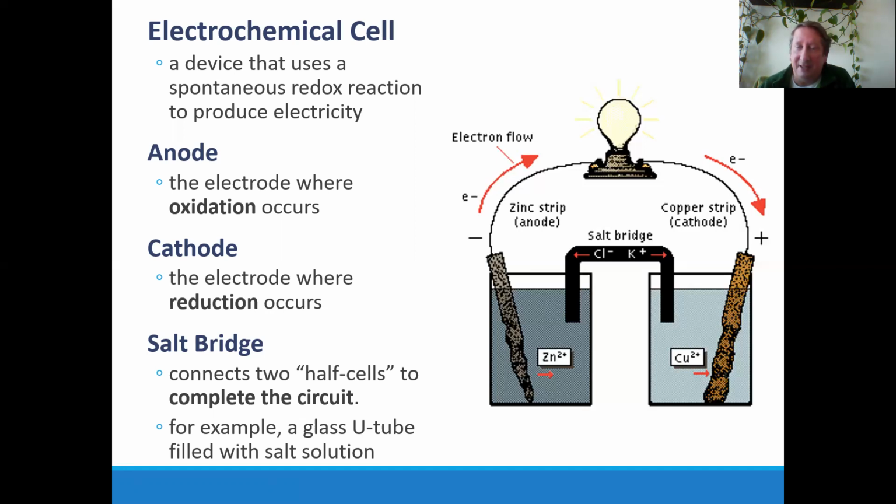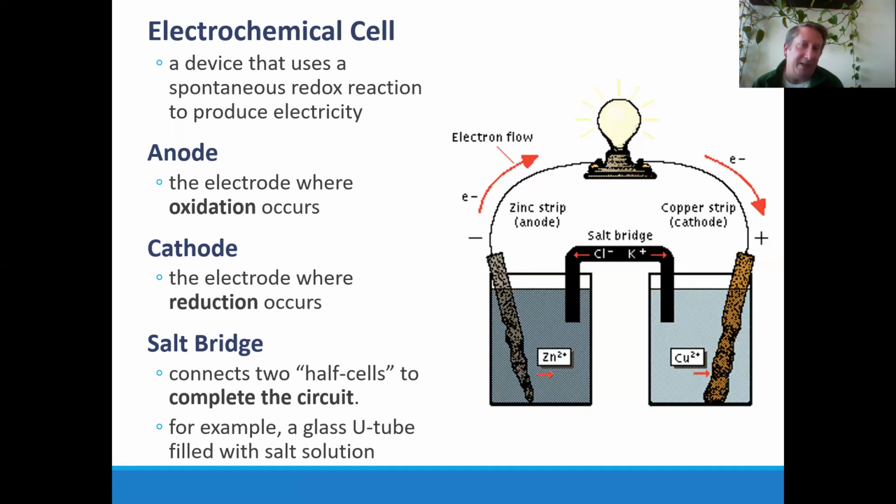So as the zinc strip becomes positive, as it's losing electrons, it attracts the chloride anions. As the copper strip becomes negative when electrons flow in, that will attract the potassium cations. So notice anions from the salt bridge, the chloride ions, are headed towards zinc, while the cations, the potassium ions in the salt bridge, are headed towards copper.